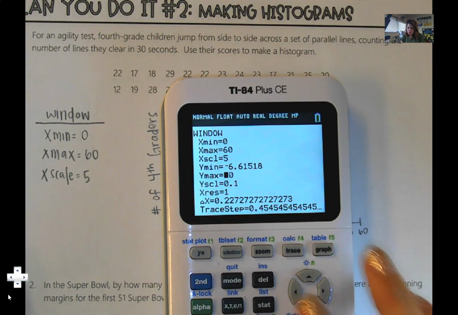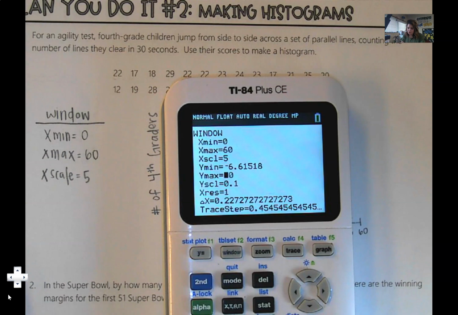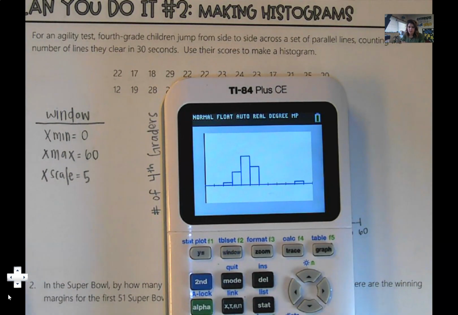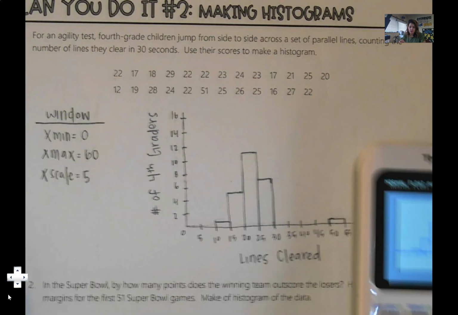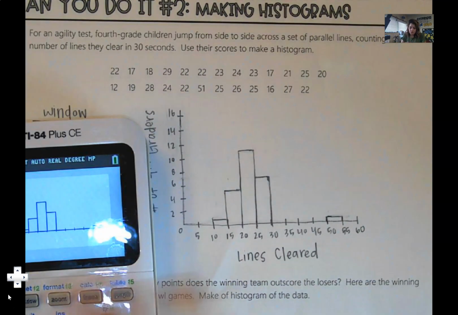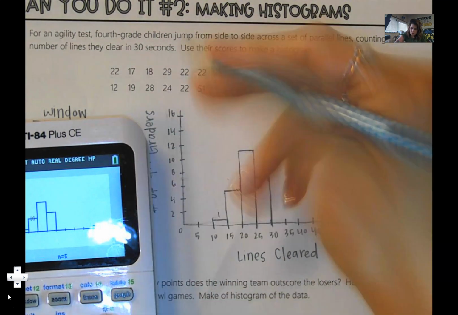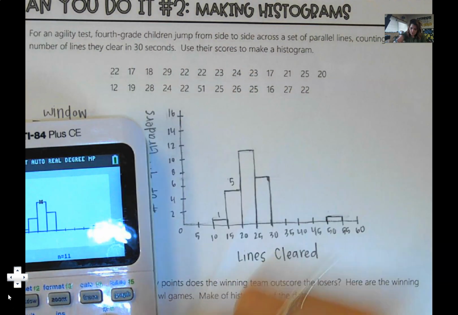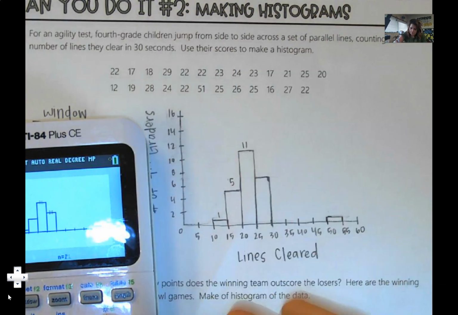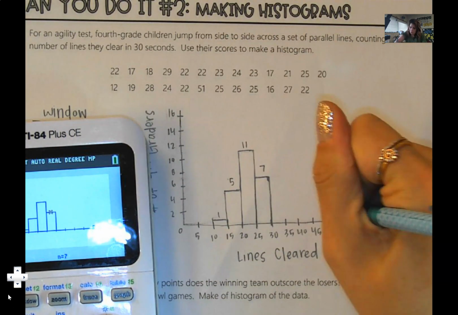And my Y max, I'm going to change that to 20. And then I'm going to graph. There we go. That looks very similar to what I have. And then I'm going to trace. This is 1 student. This was 5, 11, 7, 1.